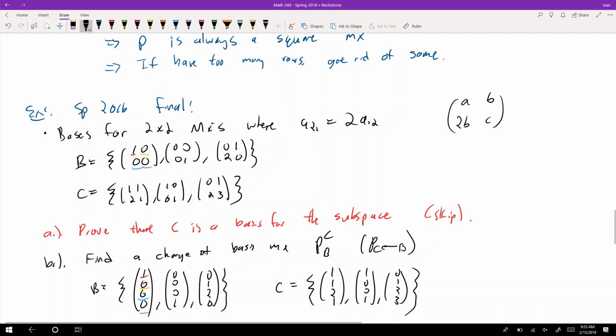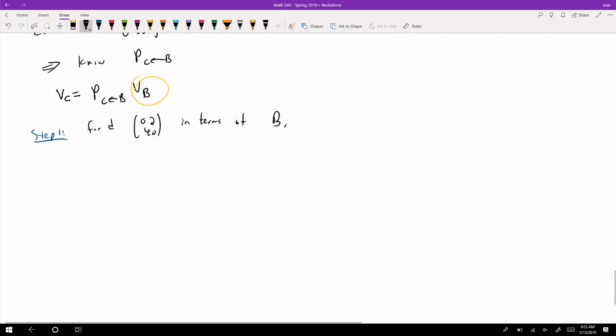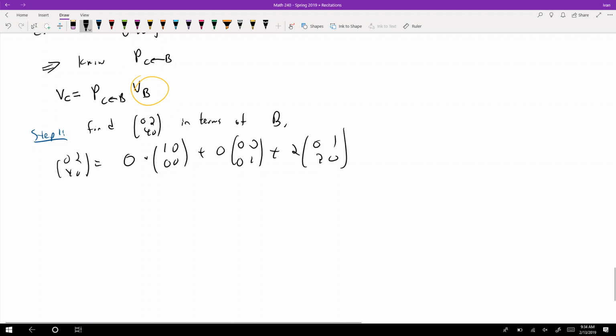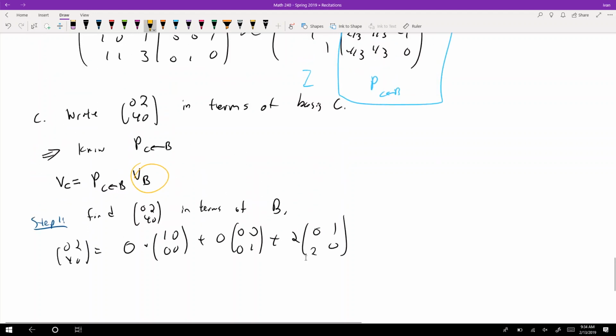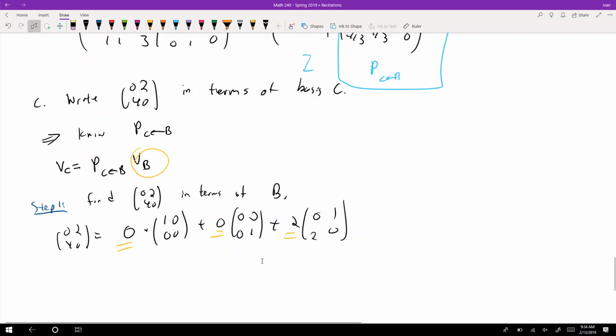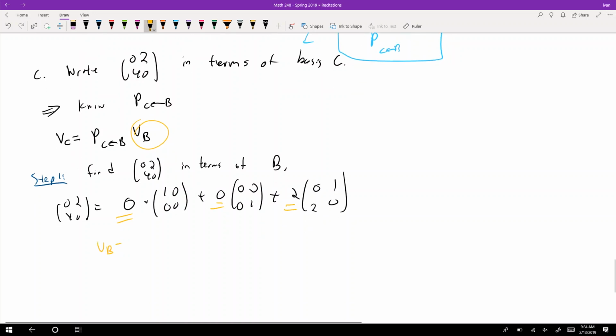Yeah, 0, 0, 2, right? So essentially, 0, 2, 4, 0 is equal to 0 times 1, 0, 0, 0 plus 0 times 0, 0, 0, 1 plus 2 times 0, 1, 2, 0. And just like we did before in R2, we just take these coefficients and throw them into a vector. So VB is 0, 0, 2.